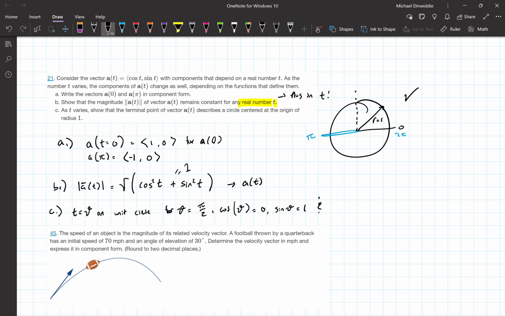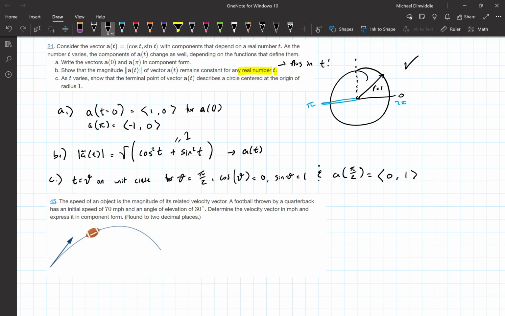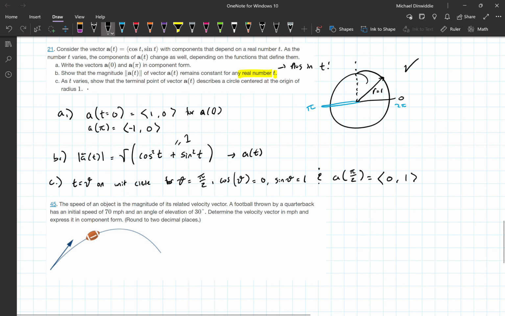And if I did a of pi over 2, then you're going to get the exact same numbers. You're going to get 0 for the x-axis, x is 0 here, and 1 for the y-axis. And so that shows that, hey, look at that, cosine theta, sine of theta, it matches with our vector here. So that is always a very, very good sign. So we've just shown that as well.